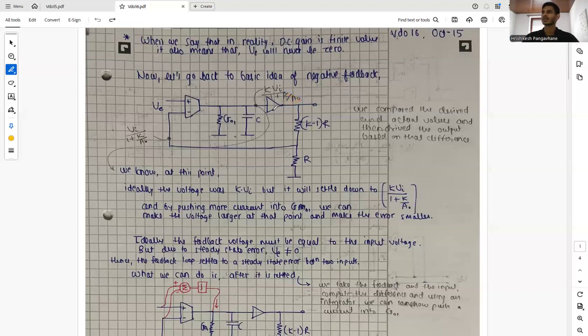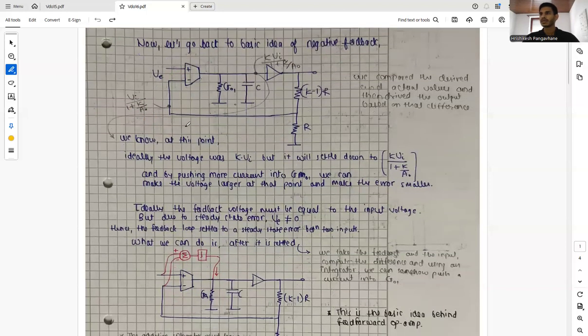Ideally it is K times Vi, but we have to take into consideration the non-ideality, which is kVi divided by 1 plus K by A naught. And when it comes back as feedback, we have feedback voltage, which is Vi divided by 1 plus K by A naught. And thus we will always get a difference over here.